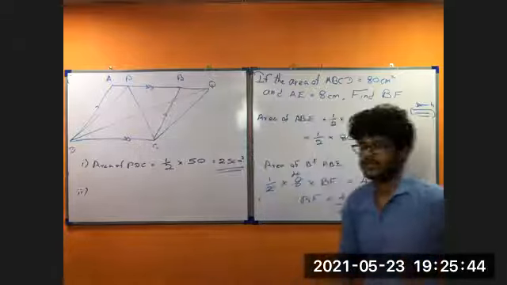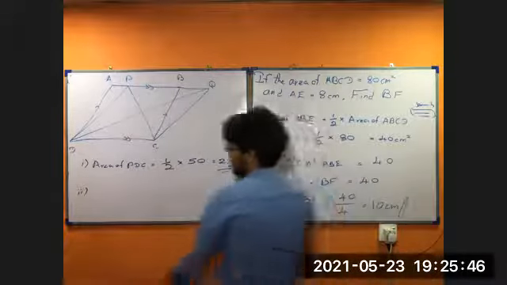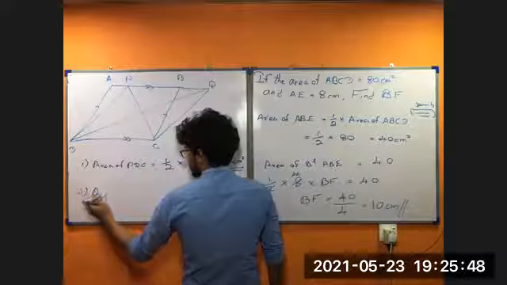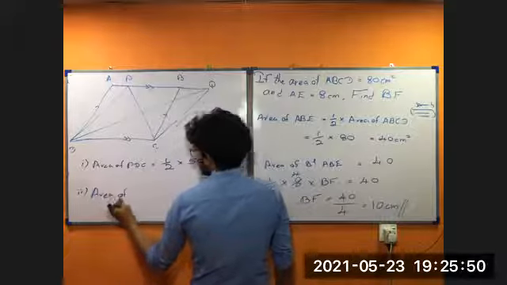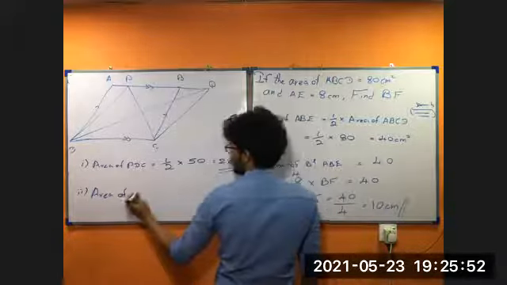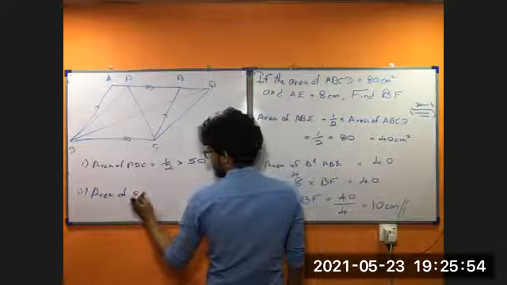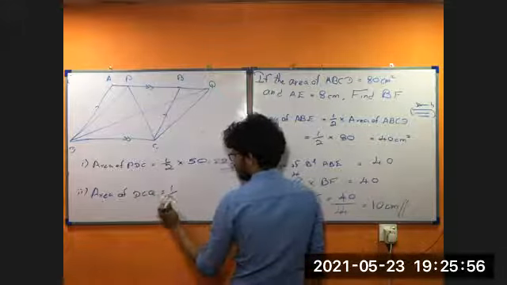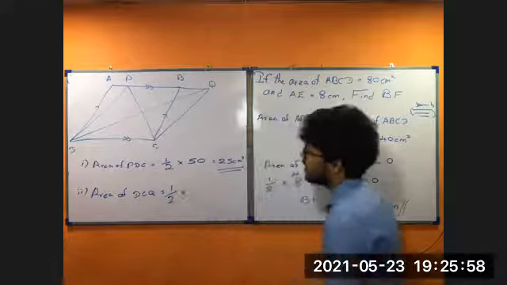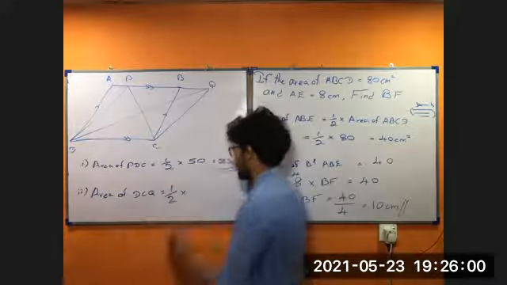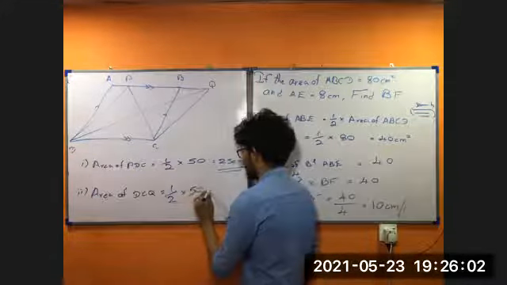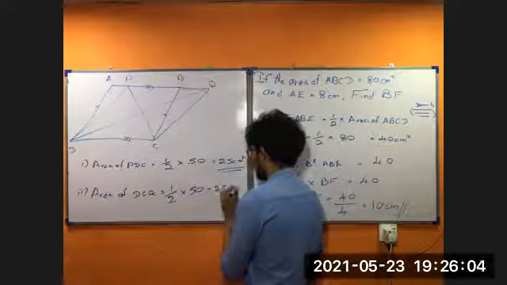So you can say area of DCQ is equal to half into again what? The area of the parallelogram, 50. Half into 50 is equal to again 25 centimeters square.